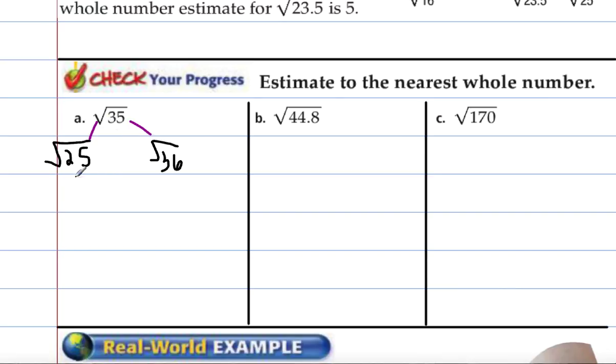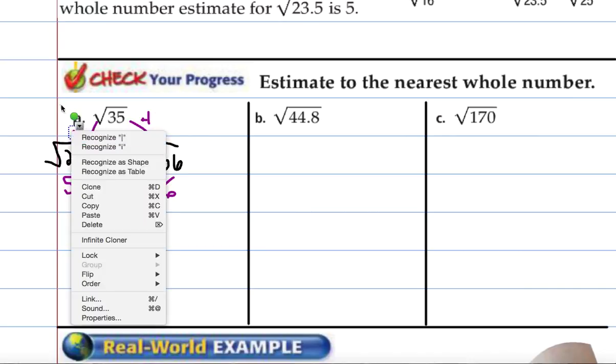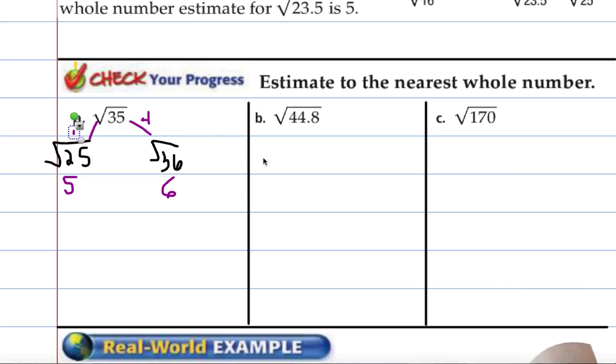So on a number line, is the square root of 35 going to be closer to 5 or to 6? Since it's only 1 away from 36 and 10 away from 25, I know it's going to be far closer to 36. So rounding to the nearest whole number, like my directions say, the square root of 35 is closer to 6.